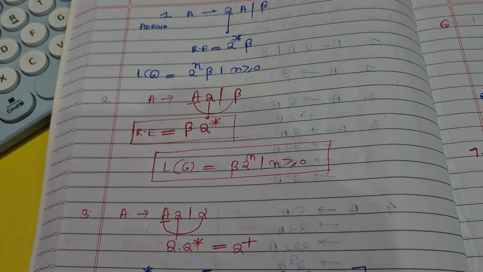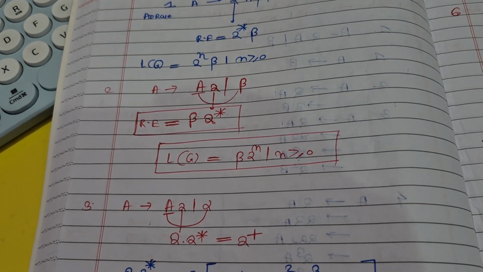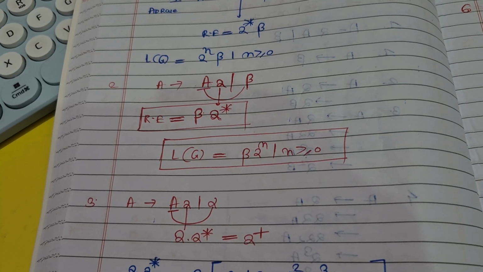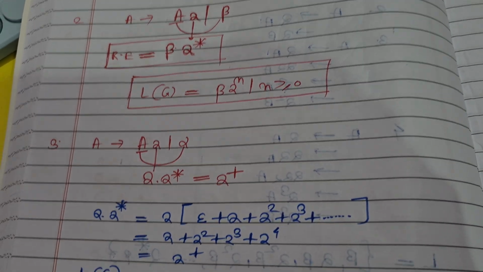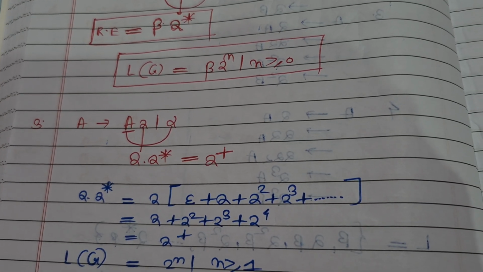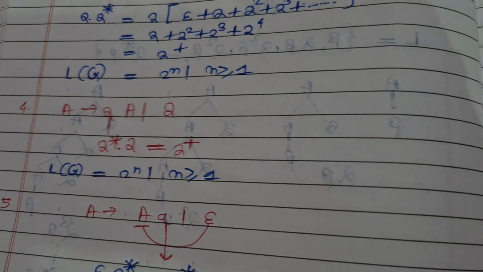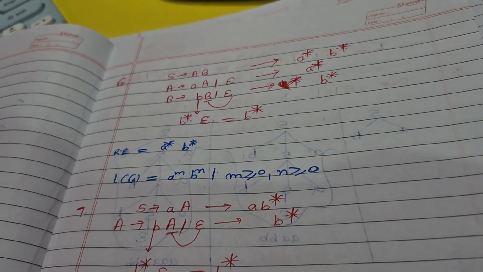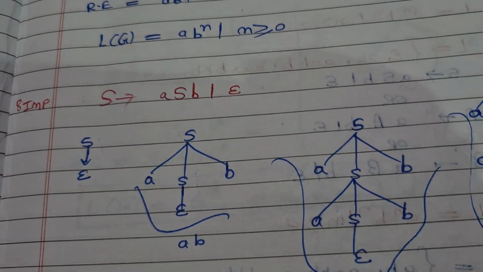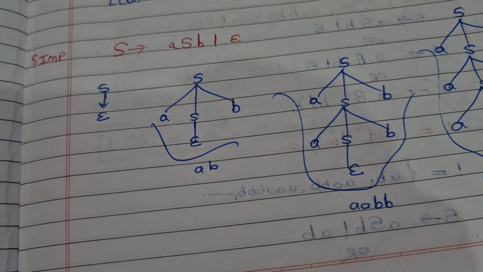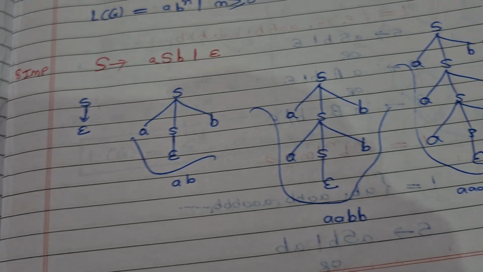A to alpha A or beta, you need to convert it like this. You can see alpha remains as alpha, and A dot alpha is alpha star. This is an important one: A to aSb or epsilon.